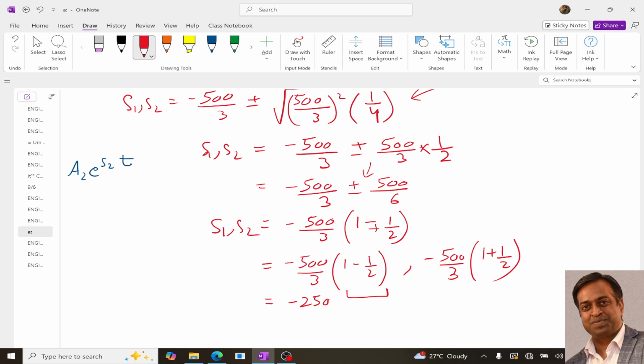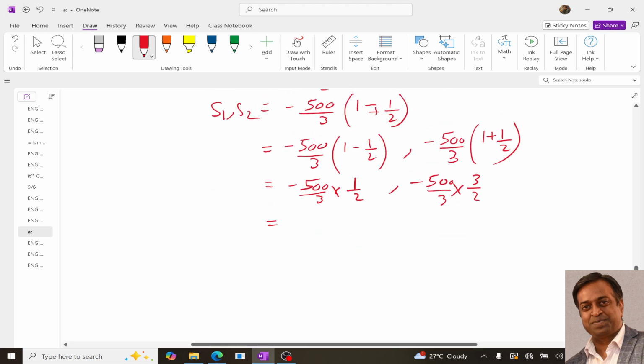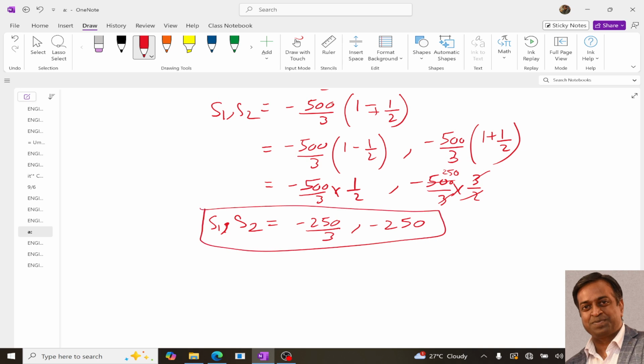This term will become half, so that half will be cancelled. So these are the values of S1 and S2.